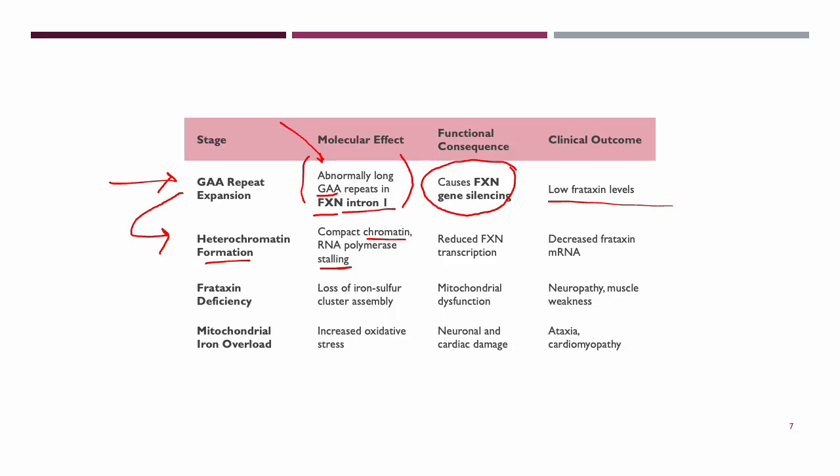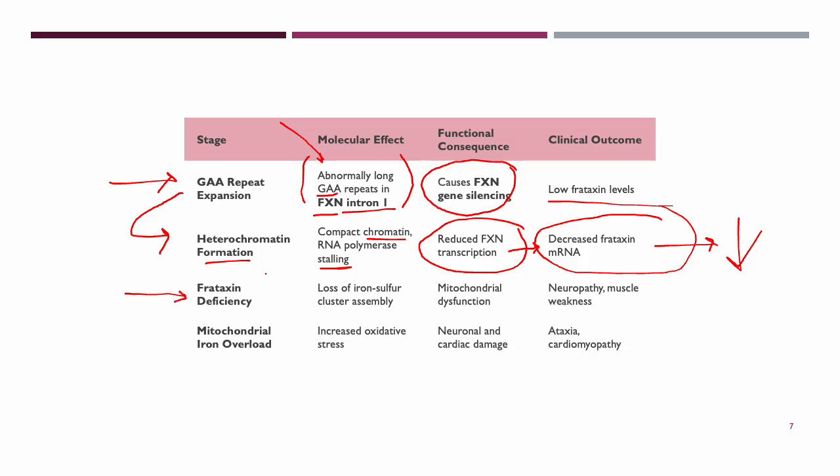So the main issue here is that the expanded GAA repeats make the chromatin structure too tight, blocking the machinery needed to read the gene. So we will have reduced FXN transcription and decreased frataxin mRNA. And if we have decreased frataxin mRNA, we will have decreased frataxin proteins.